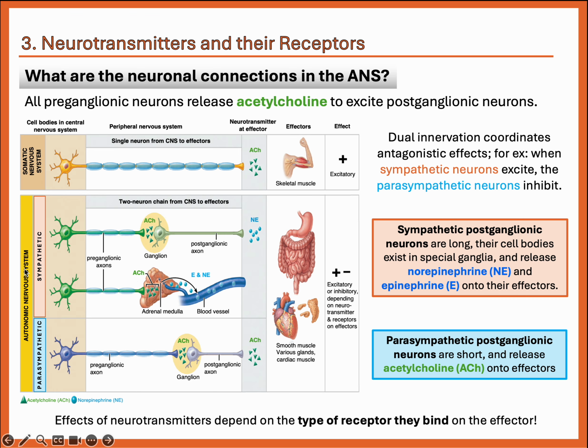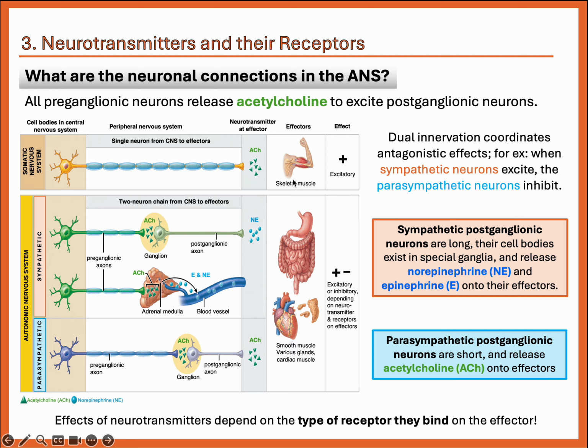Here, in the ANS, the autonomic nervous system, remember we have the sympathetic branch or the parasympathetic branch. In the sympathetic branch, the neuron exits the spinal cord, goes to a ganglia, a grouping of cell bodies, and it releases acetylcholine. So this is a cholinergic synapse.